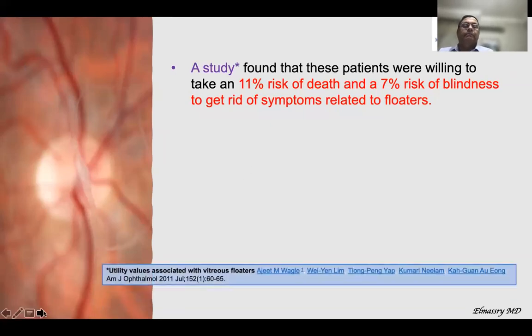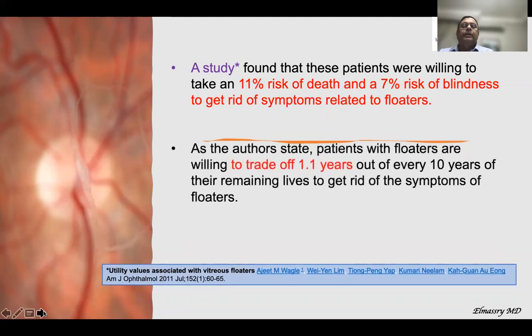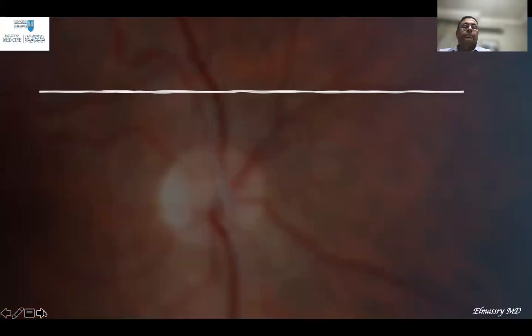In this study, the authors state that patients with floaters are willing to trade off, by time trade-off (TTO), a big number of 1.1 years out of every 10 years of their remaining lives to get rid of their symptoms of floaters.